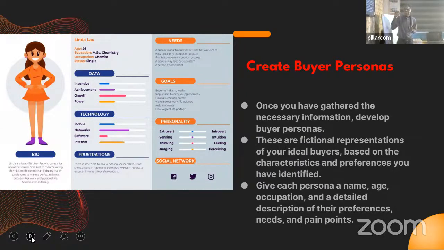These are fictional representations of your ideal buyers, based on the characteristics and preferences you have identified. You've already identified a lot of things: their age, where they work, their lifestyle, where they go, their values.